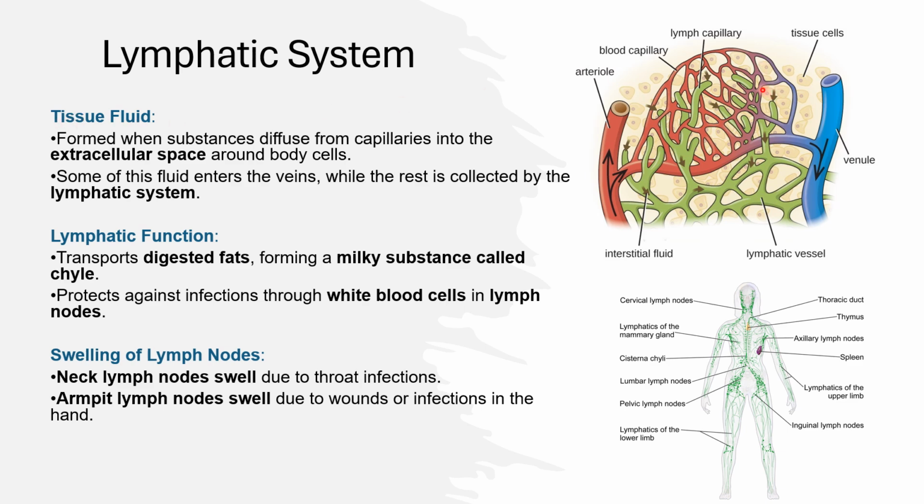When it enters the lymph capillaries, we call it the lymph fluid. So what the lymph nodes do is fight against infections by attacking and destroying all the germs that are carried in through the lymph fluid. And it's kind of a filter for the lymph fluid.